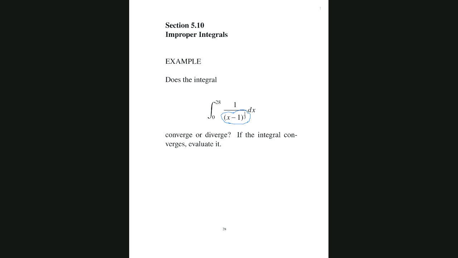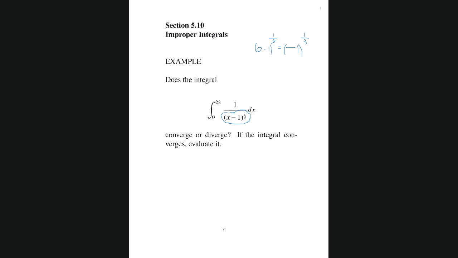When x equals 0, 0 actually is okay, because 0 minus 1 to the third is equal to negative 1 to the third power. So it's not like negative 1 to the half power. It's not like the square root of negative 1, which, Rodrigo, would be imaginary.